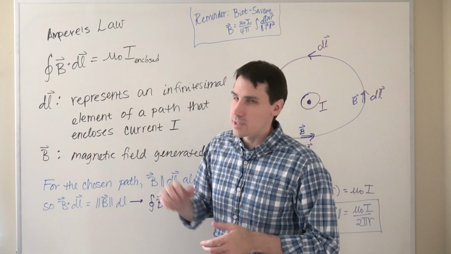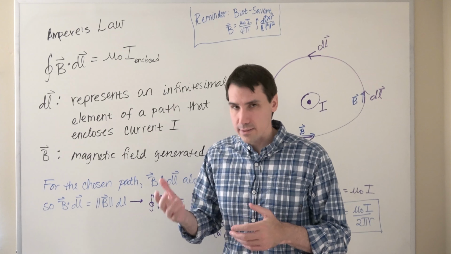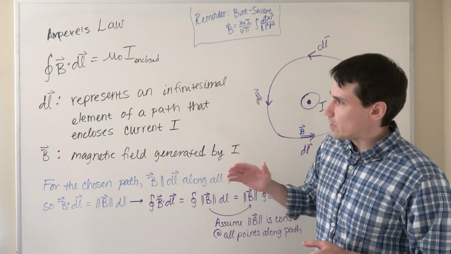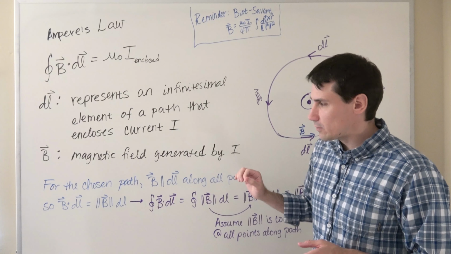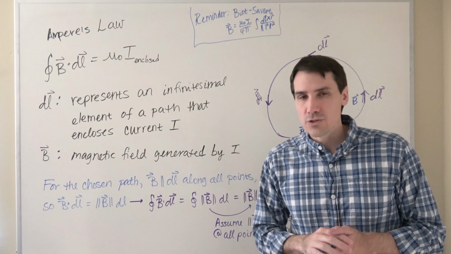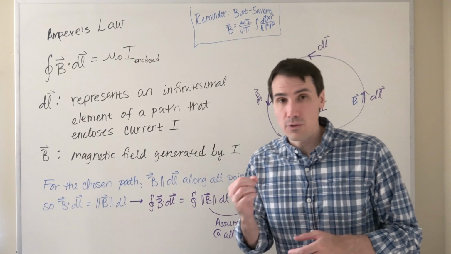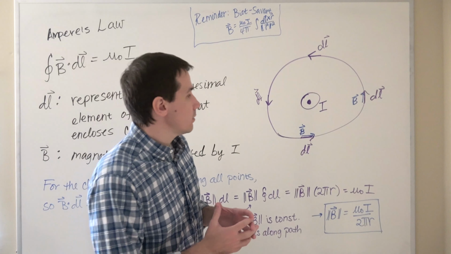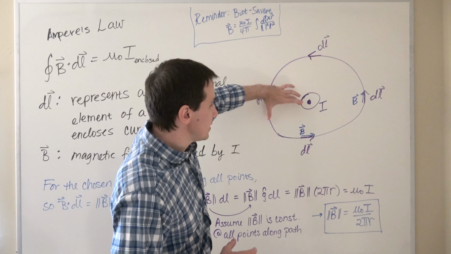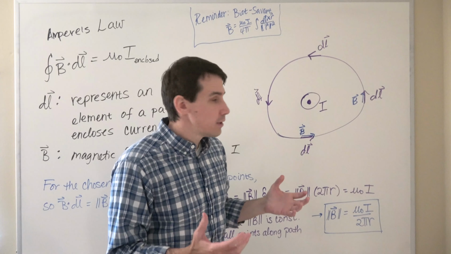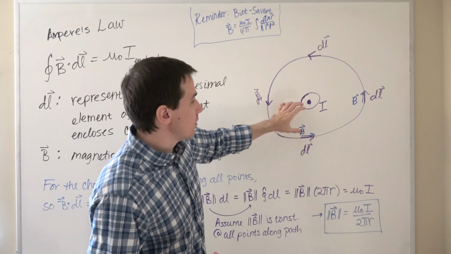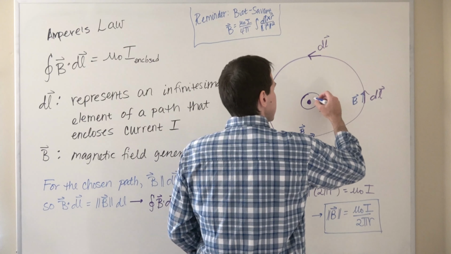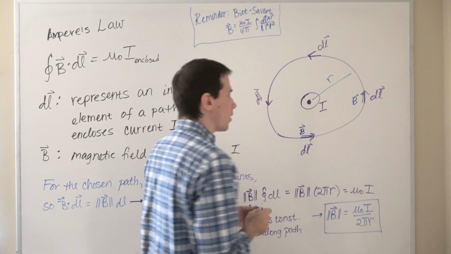Mu naught is, of course, the magnetic constant. Okay, so in our equation we have dl, we have the magnetic field. Now we are going to choose our loop very carefully. Specifically, we are going to choose a loop which is a constant distance, which we can call r, away from the central wire. So I'll draw this in here. This distance here is r.